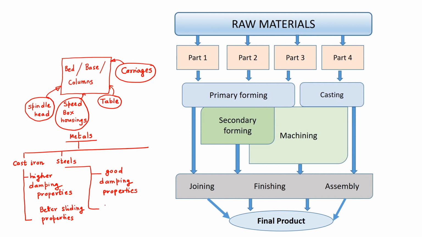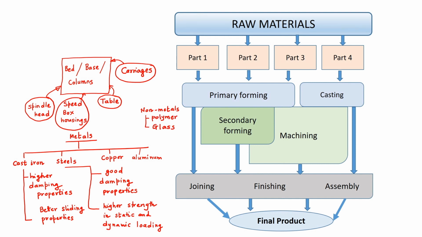There are certain other metals such as copper and aluminum also used in the construction of an automated system. In addition to this, there are certain non-metals such as polymers, polycarbonate sheets and glass. These are mainly used to prepare the housing or the cover of the automated system.